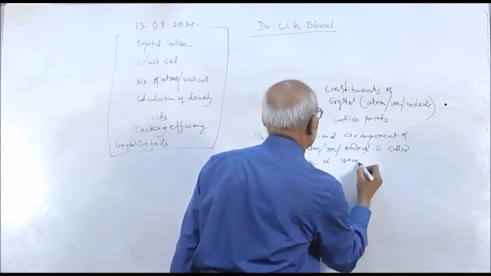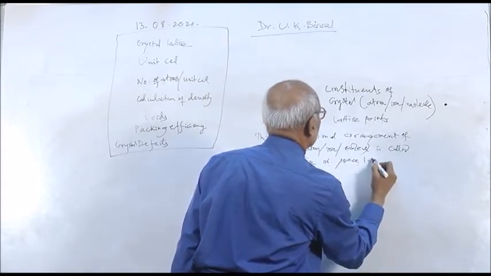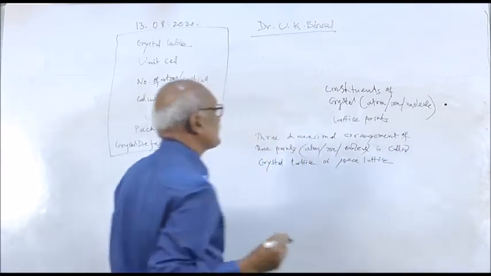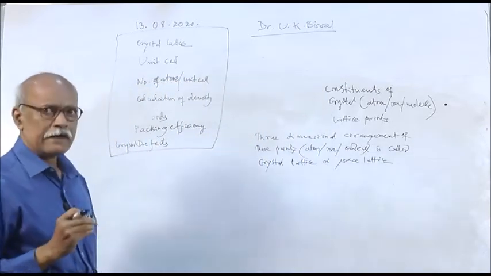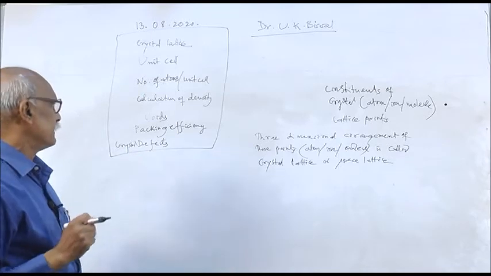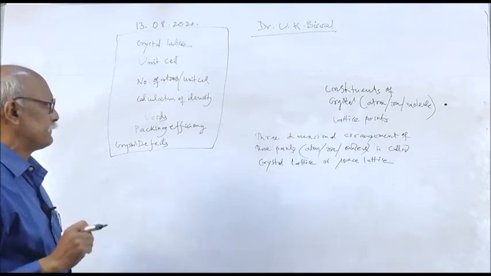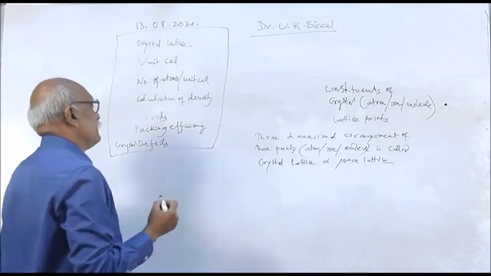That is the arrangement in space. These points are arranged in space. Understand? So this is called space lattice.